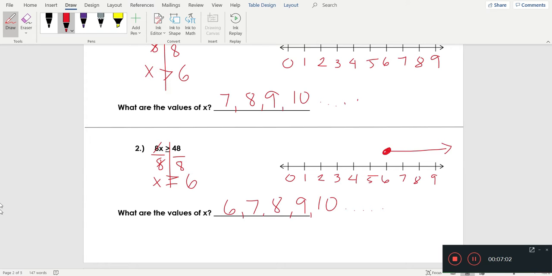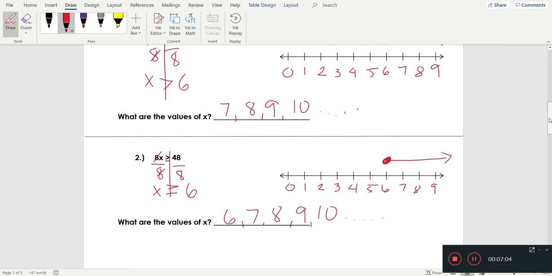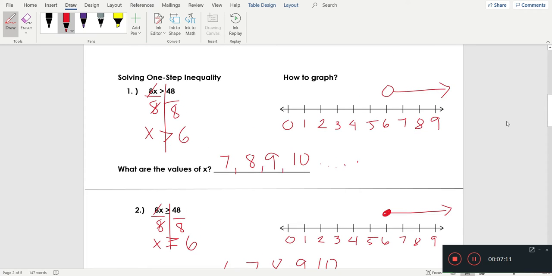On the previous example, x is greater than 6, so I will not include 6. That's why it is an open circle. But after 6, I will include 7, 8, 9, 10. So I hope you're getting why it's open and why it is a closed circle.